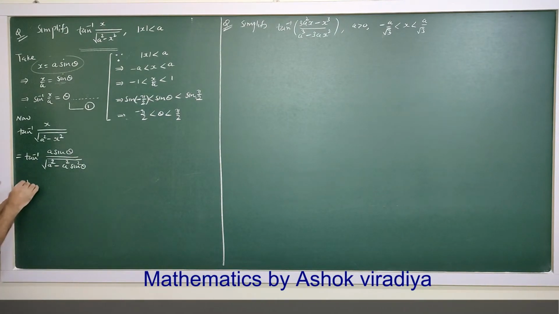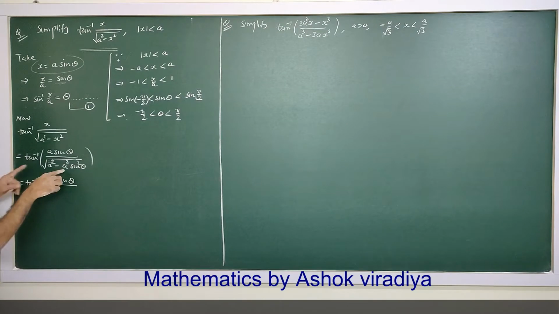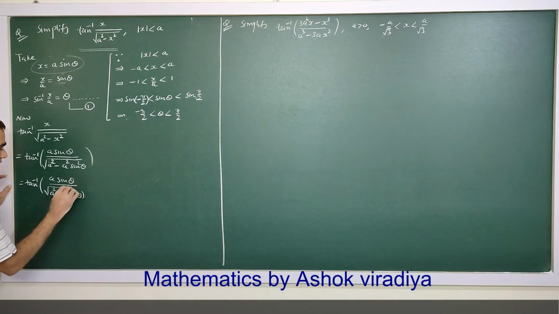That is tan inverse a sine theta upon the square root of a square, taking a square common, a square minus a square sine square theta, so it is 1 minus sine square theta.